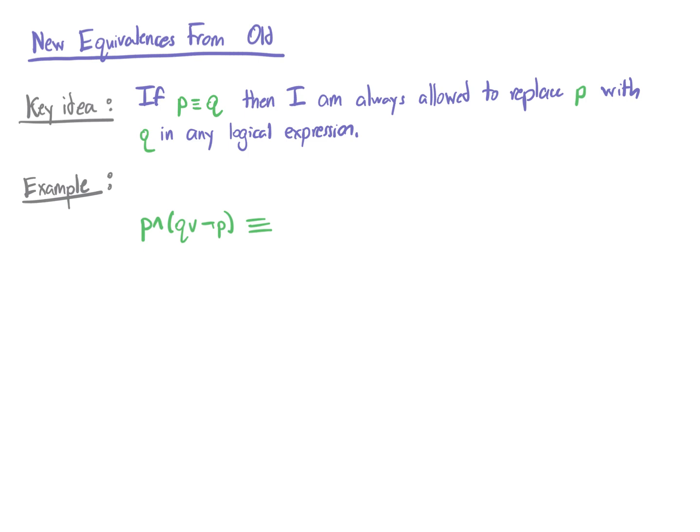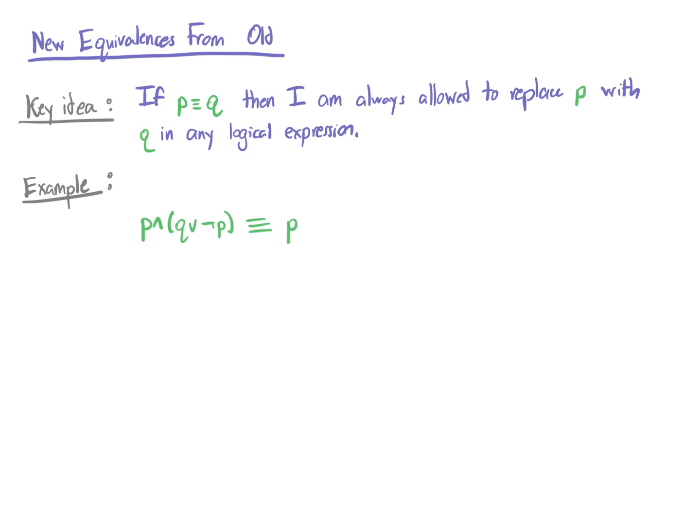The first thing we'll notice here is that we have an and operator on the outside and an or operator on the inside. So this looks like an opportunity to use a distributive law. You saw an example of a distributive law in a recent warm-up. So we are going to distribute the and across the or.